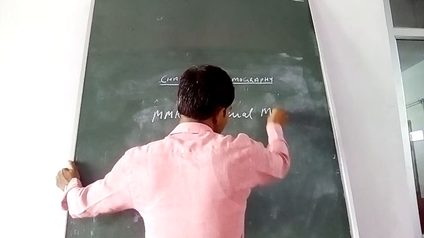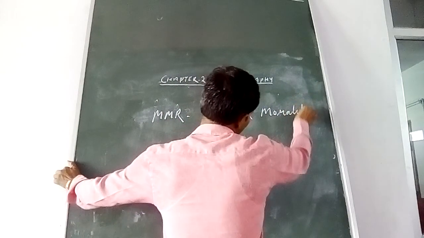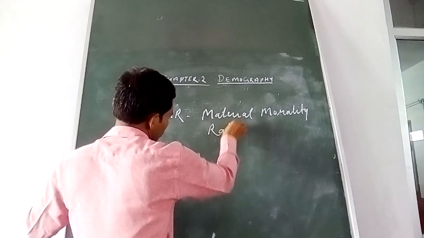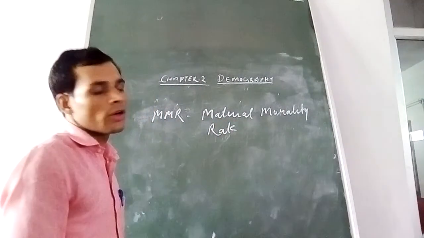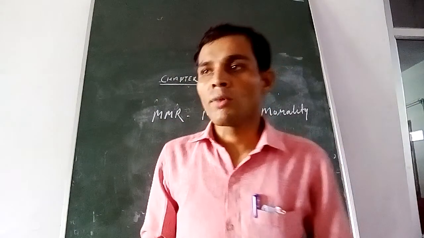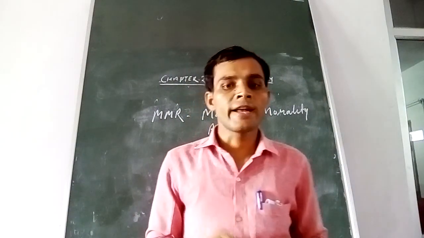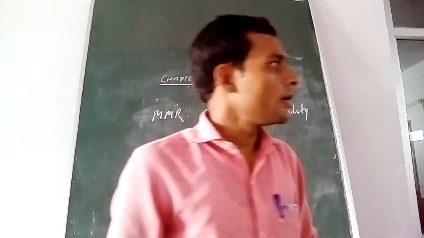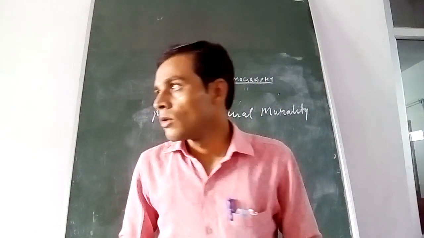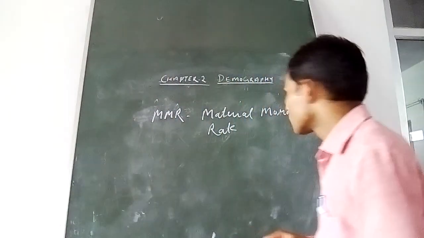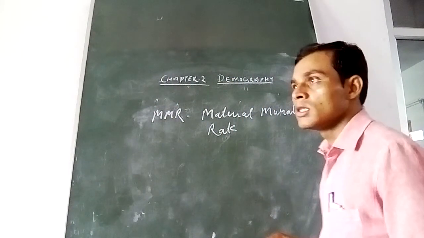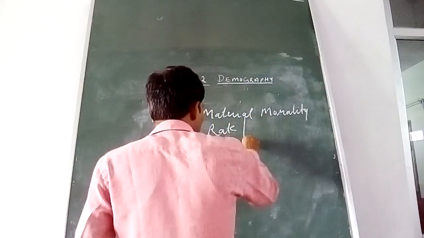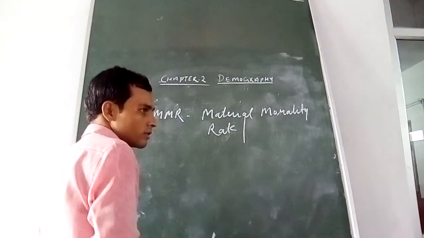It refers to the number of women who died in childbirth per thousand. When a woman dies while giving birth to a child, it is calculated as MMR into 1000.